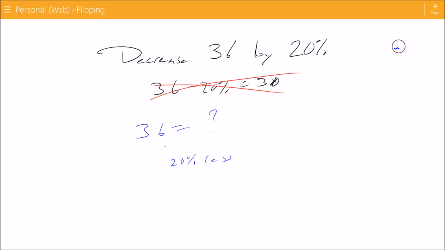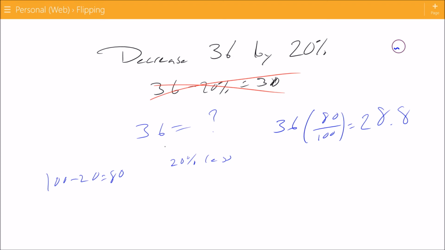If I do 36 times, well, 20% less than 100% is 100 minus 20, which is 80. So I have 80%, 80 over 100. And that gives me 28.8.